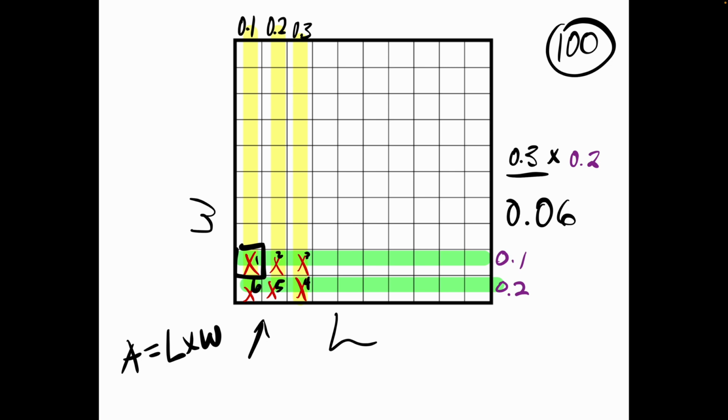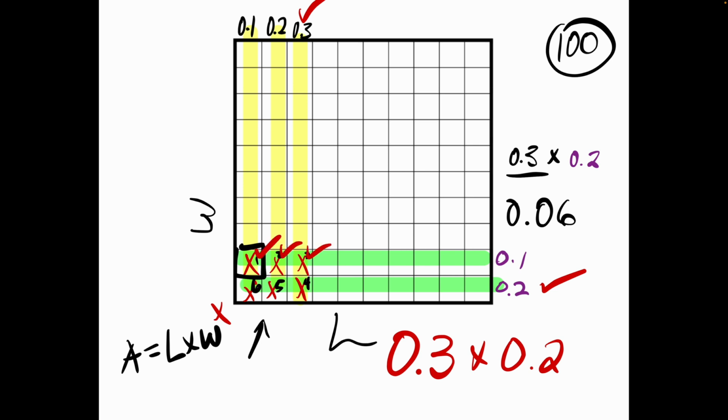So this expression is trying to say 0 and 3/10, that's my yellow bars, times 0 and 2/10, those are my green bars, equals 1, 2, 3, 4, 5, 6 hundredths. 0 and 6 hundredths. I started running out of room there, sorry.